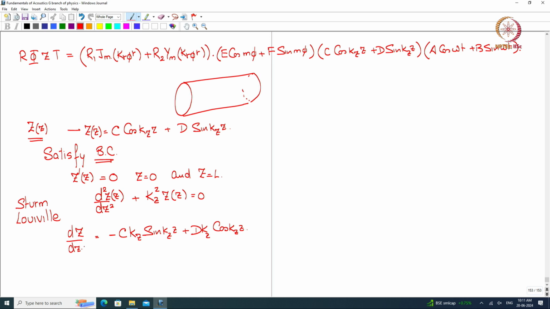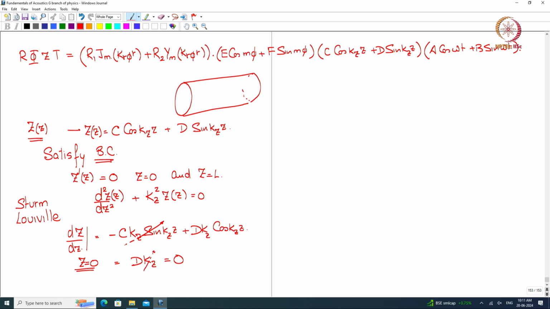Okay, now first of all, this is 0 at z equal to 0. At z equal to 0, this is anyway 0, and the right side is D kz equal to 0. If kz is 0, it becomes a trivial solution.